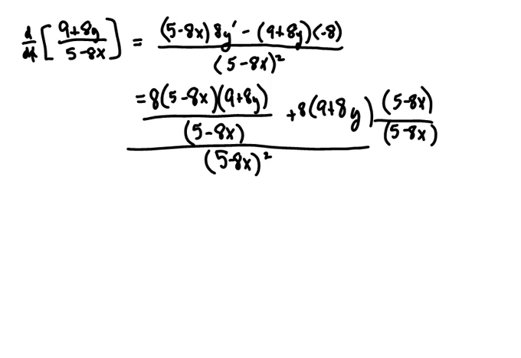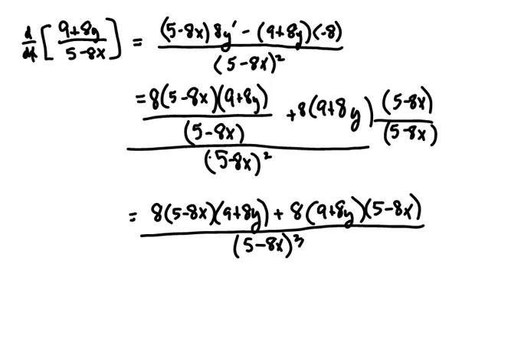So we would multiply top and bottom of the right term in the numerator by 5 minus 8x, and now that would give me a factor of 5 minus 8x that I can move into the denominator, where the denominator is now 5 minus 8x cubed. And you notice that my numerator really is the same thing, both terms. It's just double that. So we'll make that into 16.